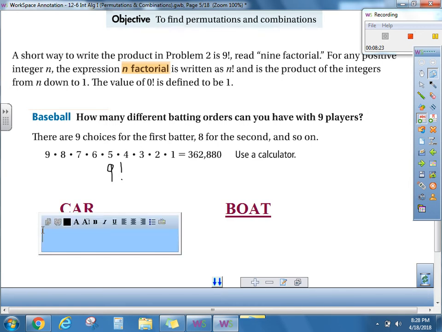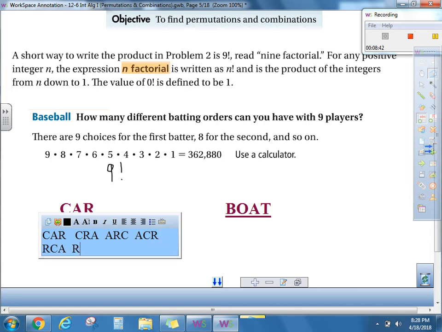We could have C-A-R, we could have C-R-A, we could have A-R-C, A-C-R, those are all different. We could start with R, do R-C-A, we could do R-A-C. Did I leave any out? No, I think that's it. So we have 1, 2, 3, 4, 5, 6 different ways to rearrange those letters.